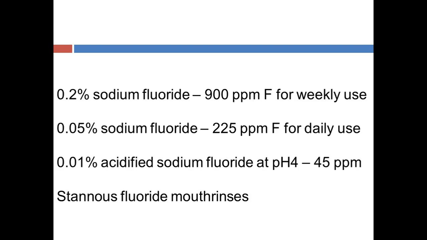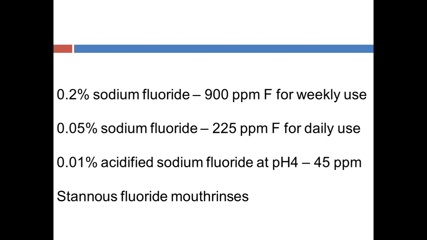Commonly used mouth rinses are 0.2% sodium fluoride, 0.05% sodium fluoride, and 0.01% acidulated sodium fluoride, and the ppm will be 900 ppm, then 225 ppm, then 45 ppm, or even stannous fluoride mouth rinses are also there.